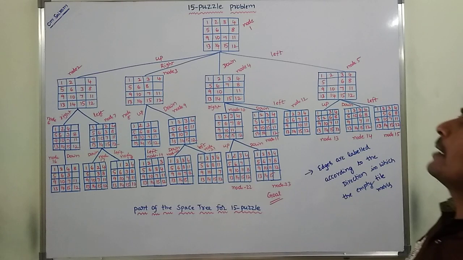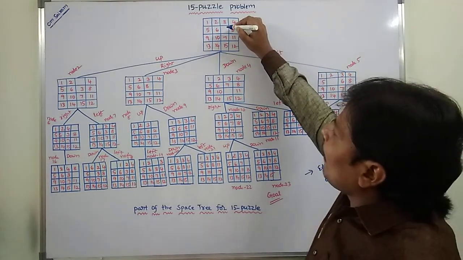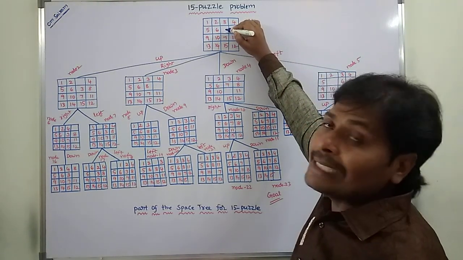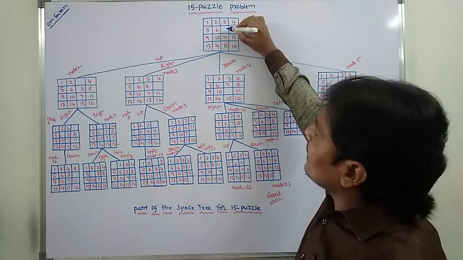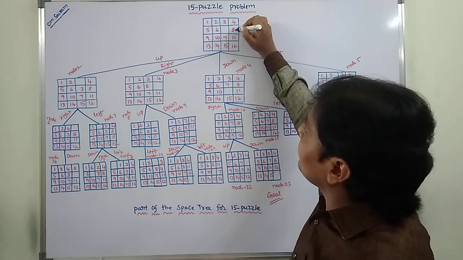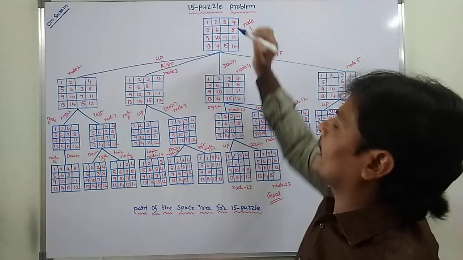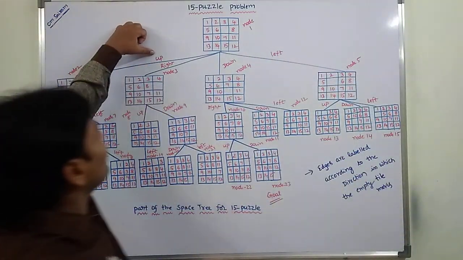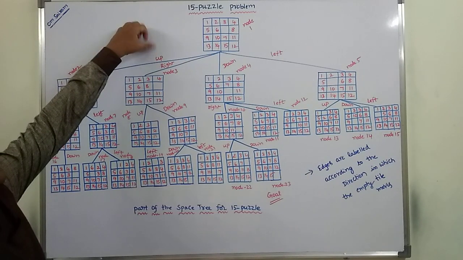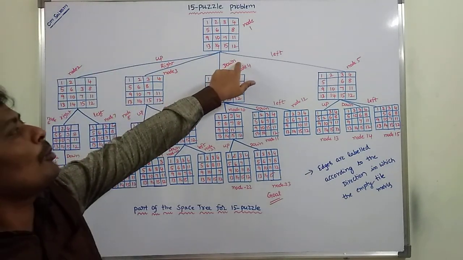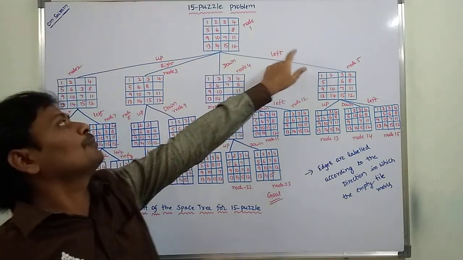Okay, next one. Based on the movement of the empty slot, the empty slot can be moved to right direction, left direction, up direction, down direction. So the empty slot can be moved to up direction, right direction, down direction, left direction. Okay.